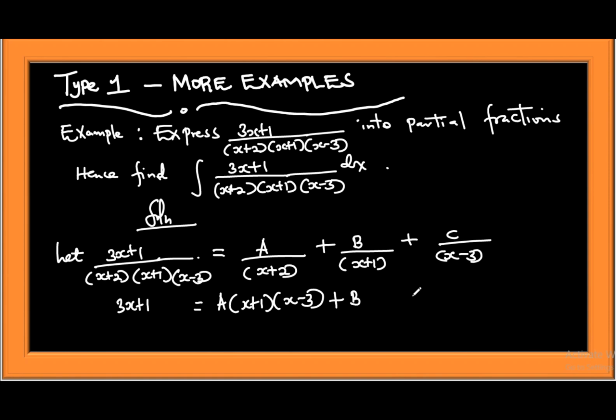When you get the LCM divided by x plus 1, you'll get x plus 2 into brackets x minus 3. And then finally, c.